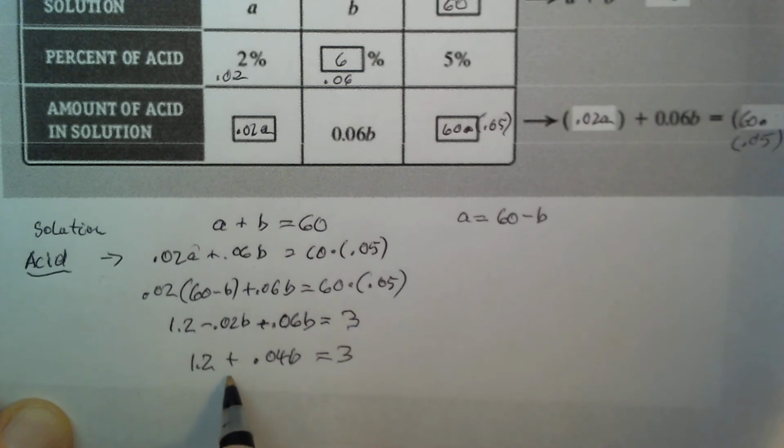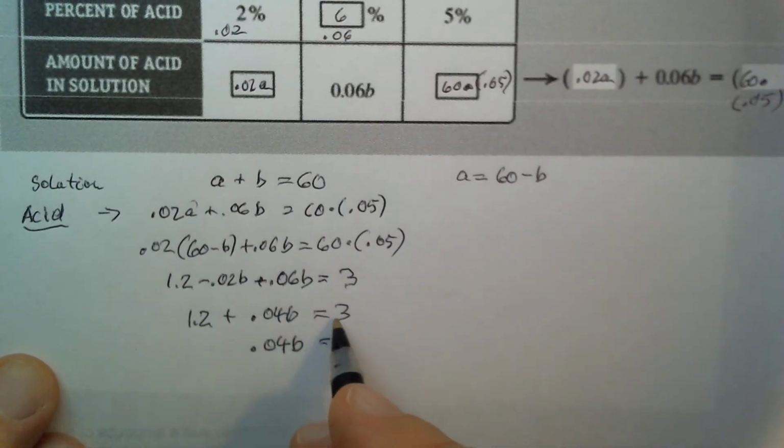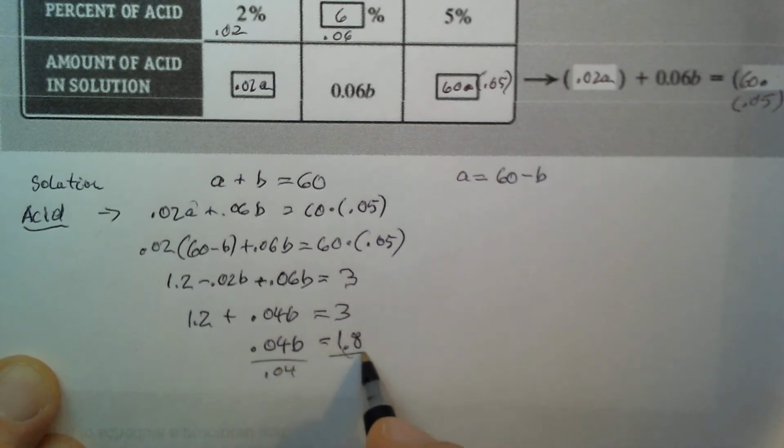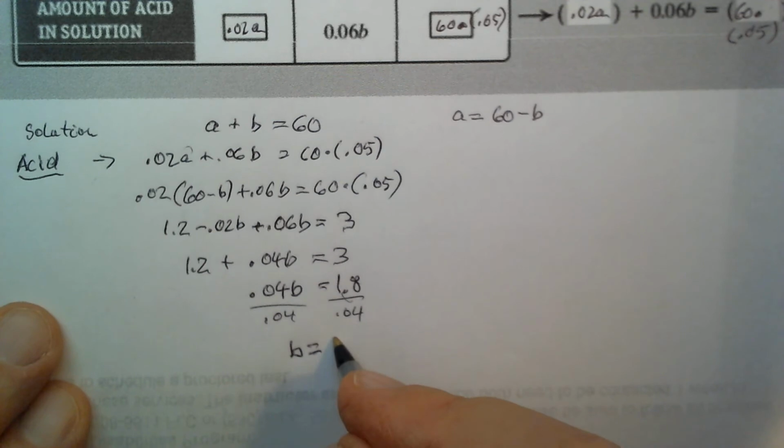Now we subtract 1.2 on both sides. It gives us 0.04B on the left side, and on the right side we have 1.8, because 3 minus 1.2 is 1.8. We divide both sides by 0.04, so B is equal to 45.